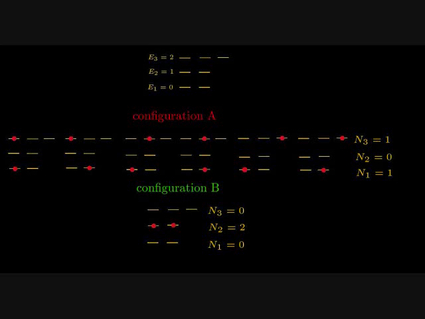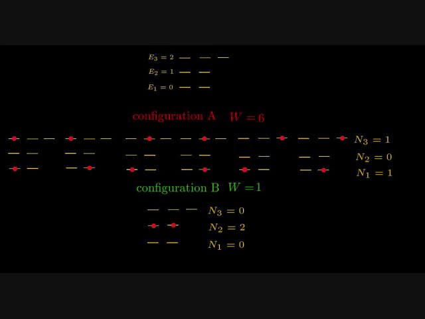Configuration B has 0 particles in level 1, 2 particles in level 2, and 0 particles in level 3. We say the weight W of configuration A is 6 because there are 6 microstates with configuration A. Similarly, the weight of configuration B is 1 because there is 1 microstate with configuration B.